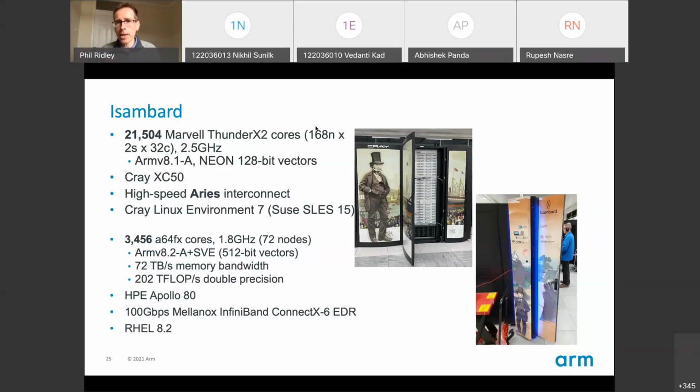They got together with this idea and got the funding from the UK Research Institute to get Isambard, and it was a platform to compare these architectures.